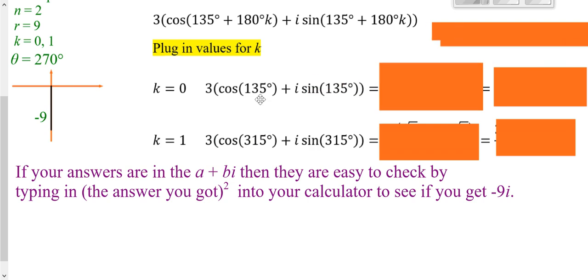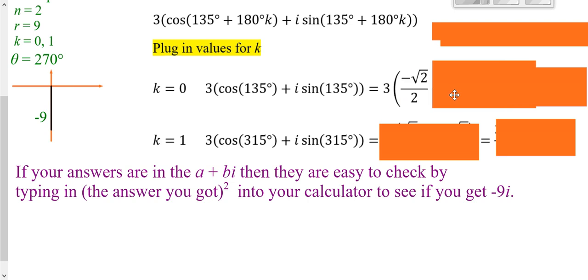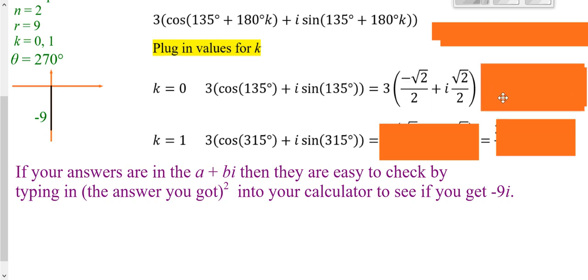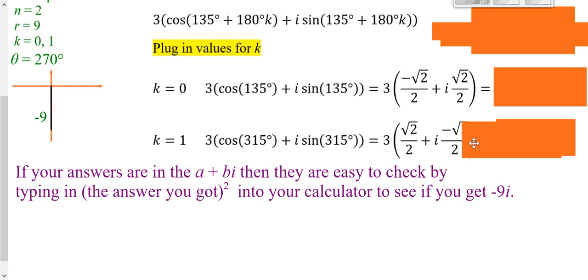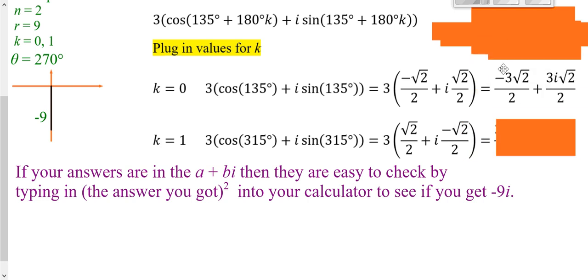In each case, 135 or 315 are angles you're supposed to have memorized. So you can go 3 cosine of 135 plus i sine of 135. And then we can go 3 cosine of 315 degrees plus i sine of 315 degrees. Distribute through, and we get our two answers.